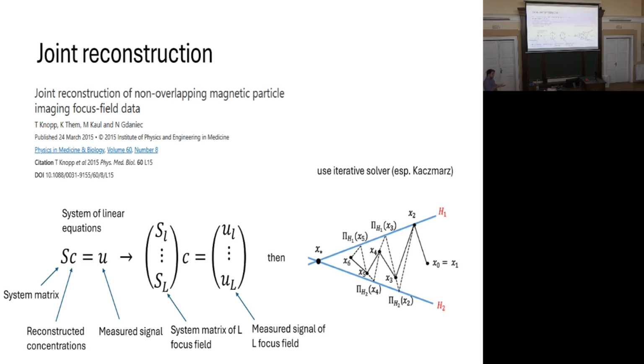So there is no pre-processing. This is not a pre-processing algorithm. You already get the whole volume reconstructed without the border artifacts.